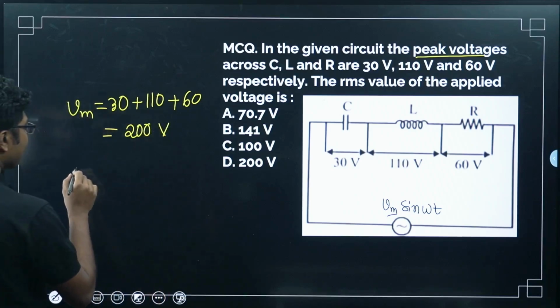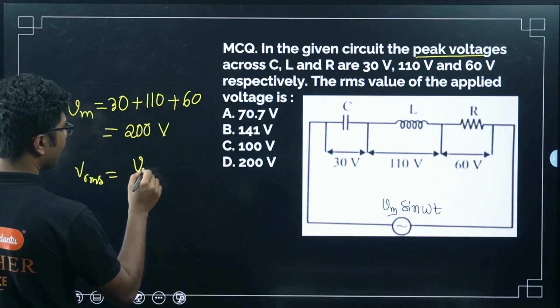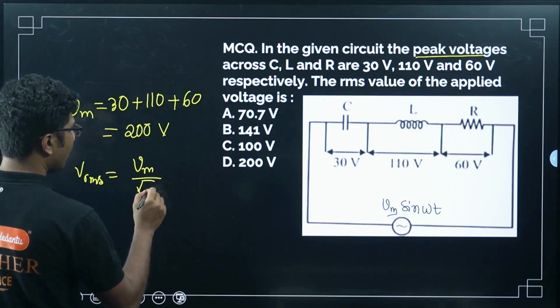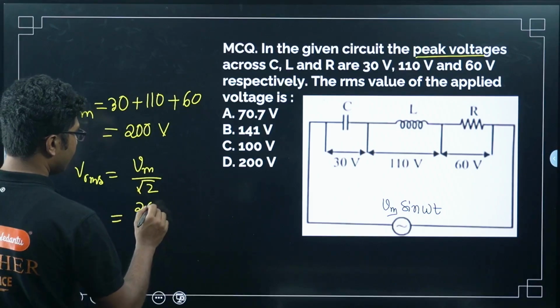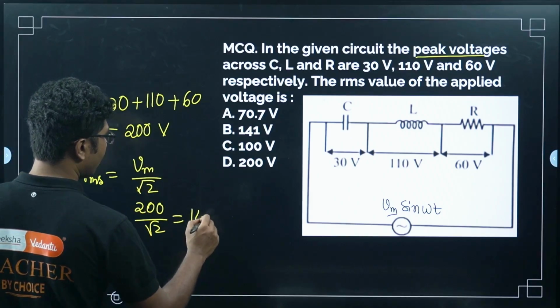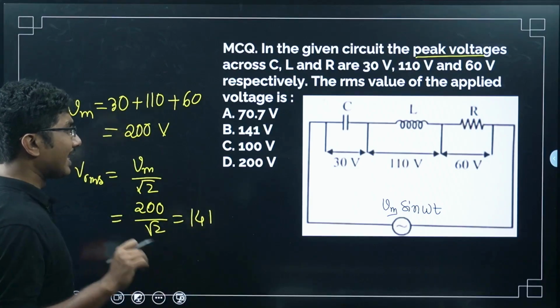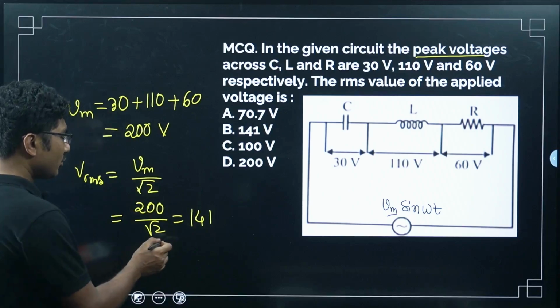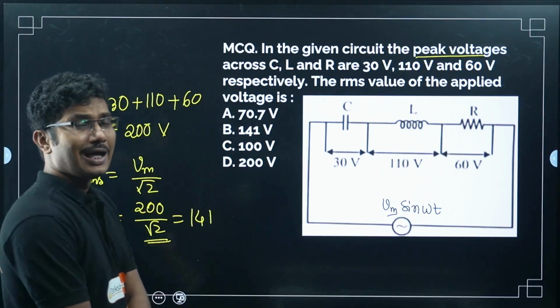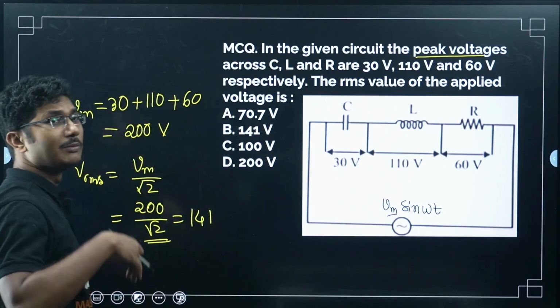So what is the RMS value? We know that RMS value is nothing but peak value divided by root 2. So it is 200 divided by root 2. Now if you calculate that, it will come around 141.1. You can guess that value even before calculating. Root 2 is less than 2, so it cannot be 100, it should be more than 100.